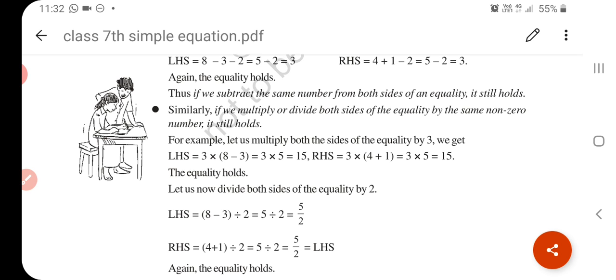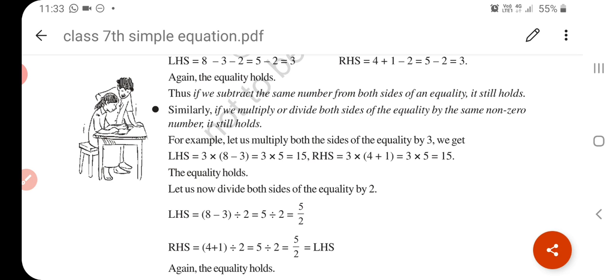If we want to solve these questions, first of all we follow some rules. What is the rule? Read the problem carefully and note down what is given and what is required. It's very important.